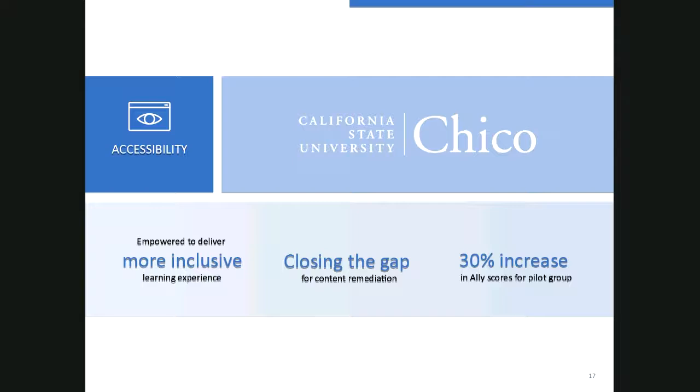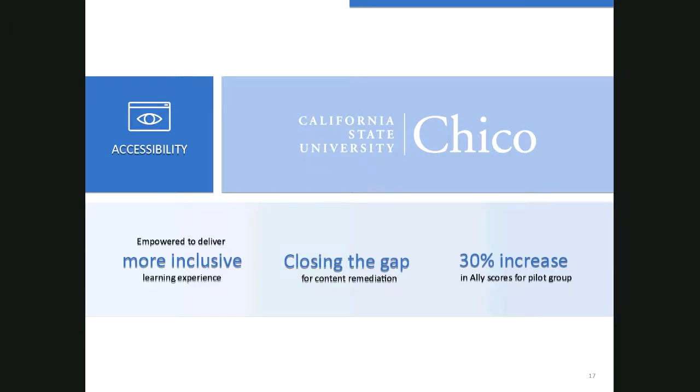Just as an example, California State University at Chico enabled Ally. They were able to make all of their classes more inclusive, allowing this content, even for those without disabilities, to be there so that students can be more included in the courses. So the single moms, those who commute, and those who just have a different learning style can all take part and have the content in the form that they wish.